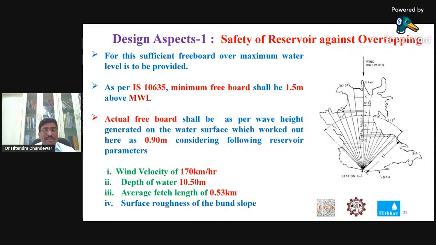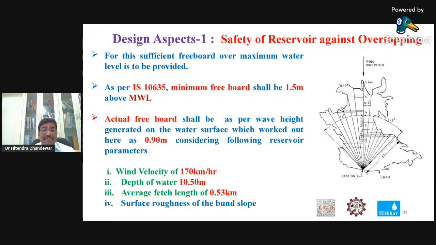So any civil engineer can calculate the wave height considering the wind velocity, depth of water, and average fetch distance. In our case, we have worked out the wave height as 0.9 meter, and we have to keep a factor of safety of 1.5.